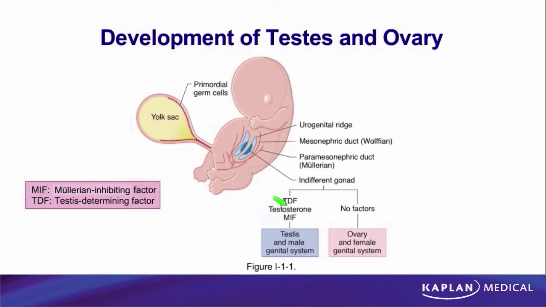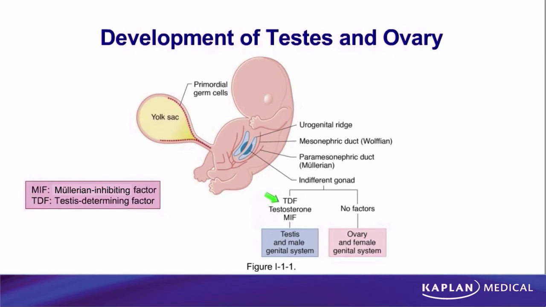So with all of those factors acting together, we end up with a testis and with a normal male genital system and without a female genital system. But if there is no Y chromosome, so there is no TDF, then instead of a testis, we have an ovary.